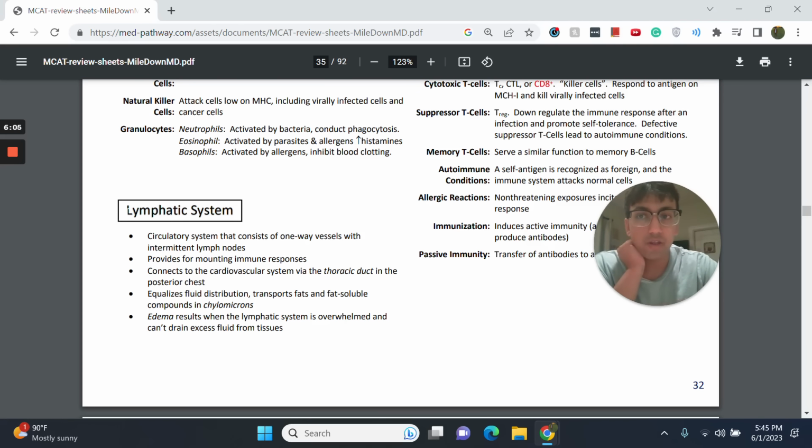Some of that drains through the lymphatic system. This is part of the circulatory system that has one-way vessels with lymph nodes. Lymph nodes can be on your neck and your cheeks, and they're important for immune responses.